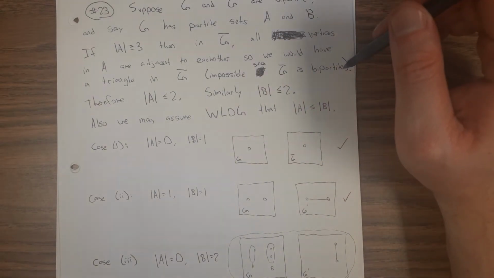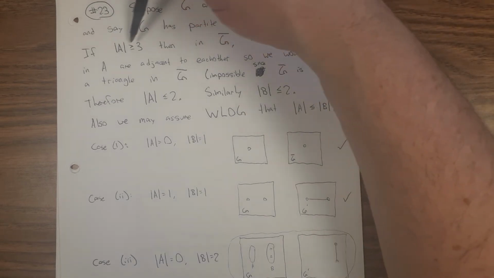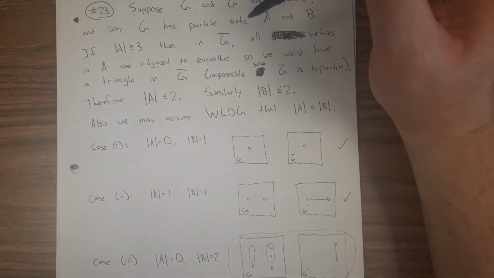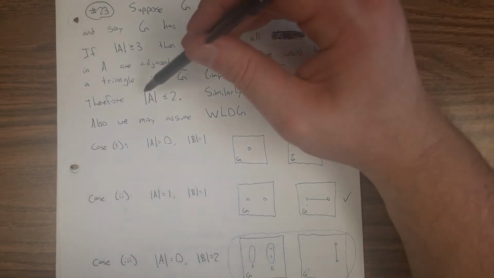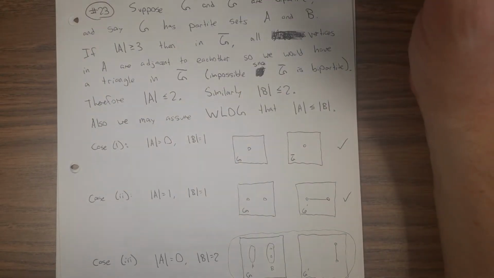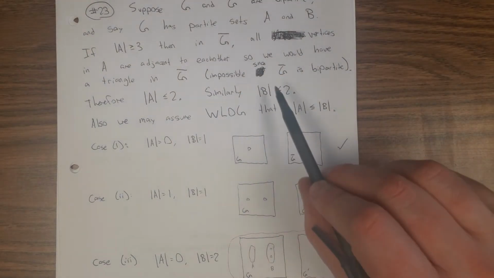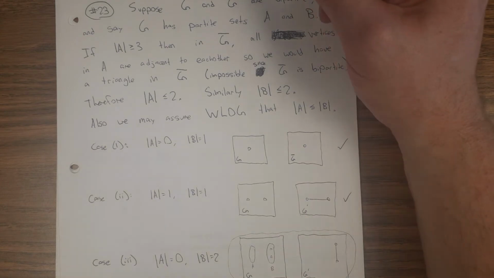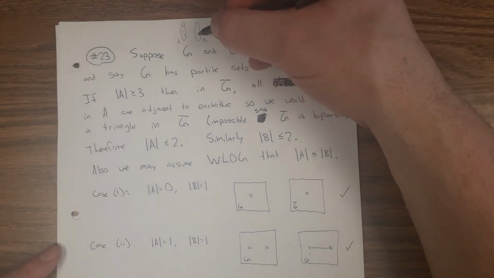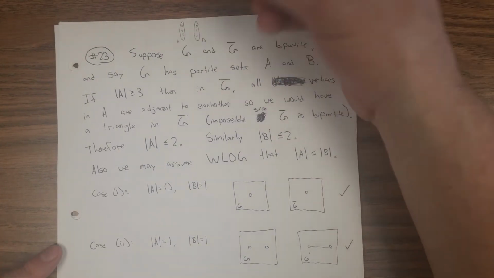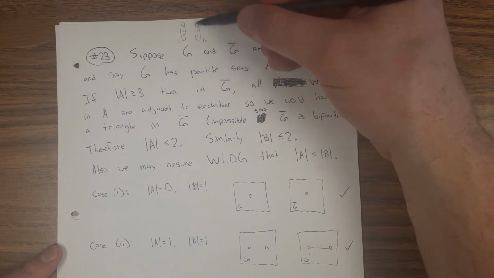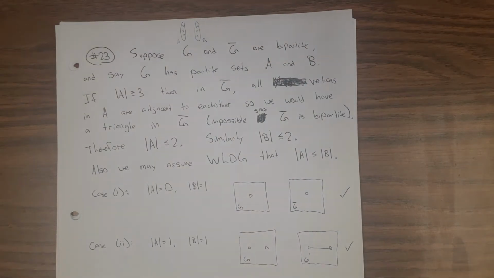So it's not possible for the set A to be 3 or more. So A would have to be 2 or less. Similarly, B would have to be 2 or less for entirely the same reason. If B had 3 vertices, then in G complement they would all be adjacent, and you'd have a triangle.